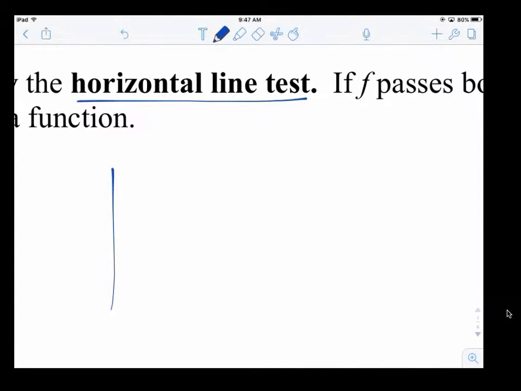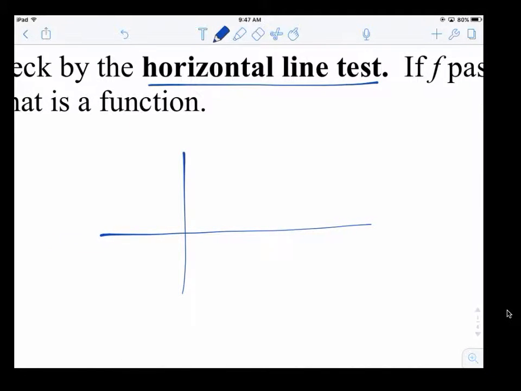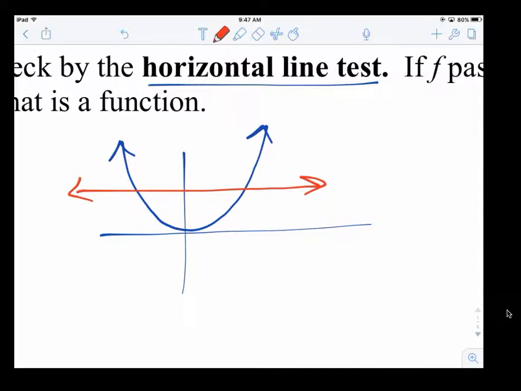So if I had something like this, if I were to draw a vertical line through all my points, that would pass it, so every x gets mapped to one y. But if I were to do a horizontal line going through the function, see how that horizontal line crosses there and there?